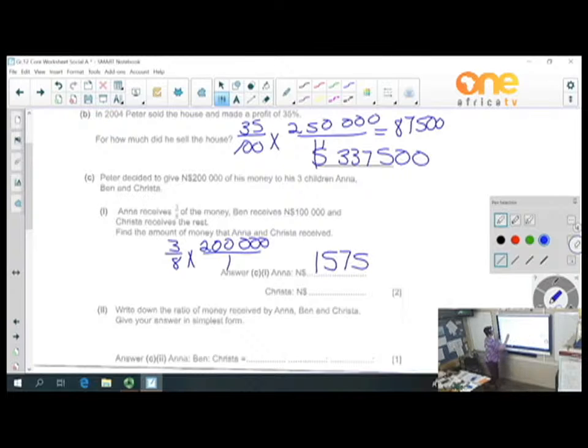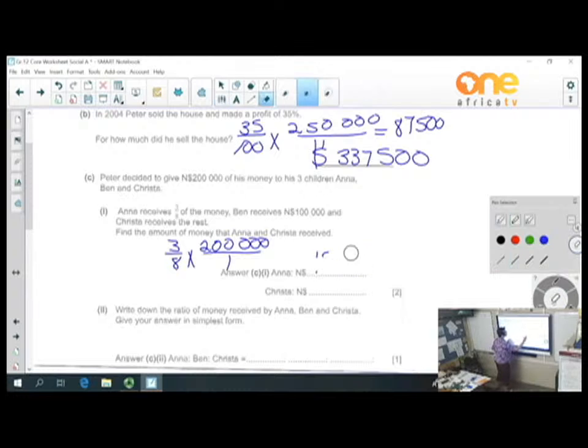Oh, no, sorry. I'm looking at the wrong place because this answer is in pulas. So it is 75,000. And then for Krista, you just subtract it from 200,000 and it is 25,000.